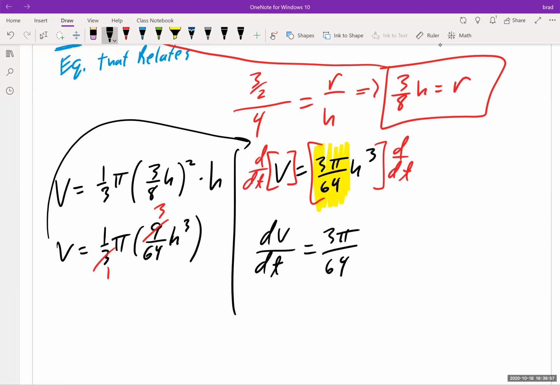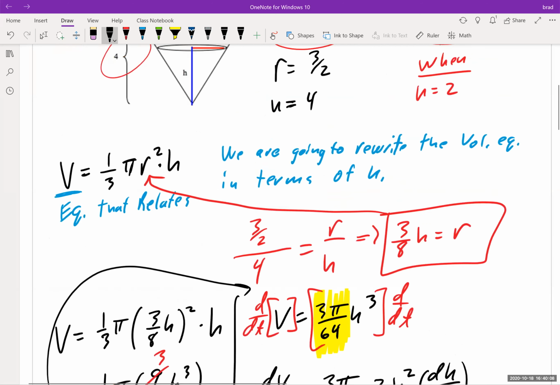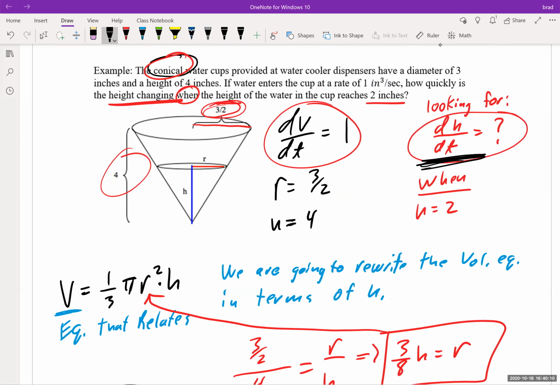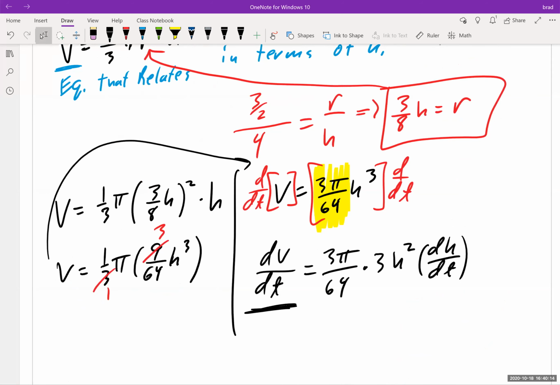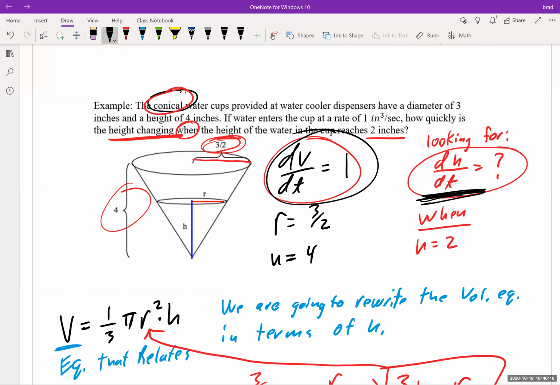That's just a constant. Times, take the power, put it in front, rewrite the h, reduce the power by 1, and then attach the derivative of the inner function, which is dh dt. Which is good, right? Because we're actually trying to find dh dt. We actually want to know it. And we ended up with a dV dt, but that's totally fine because we have dV dt right there.